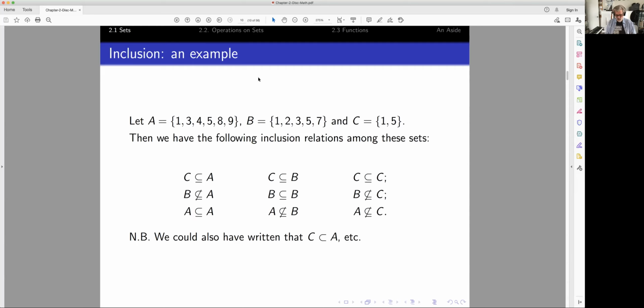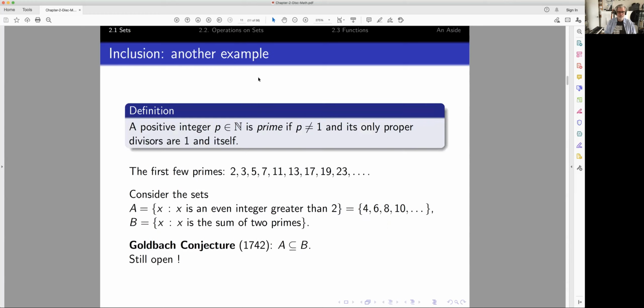All right. So hopefully this is going well. Here's another example to illustrate how, depending on the set that you're looking at, things can get complicated. So this is a definition that we're going to be looking into quite a bit in chapter 4, in a couple of weeks.